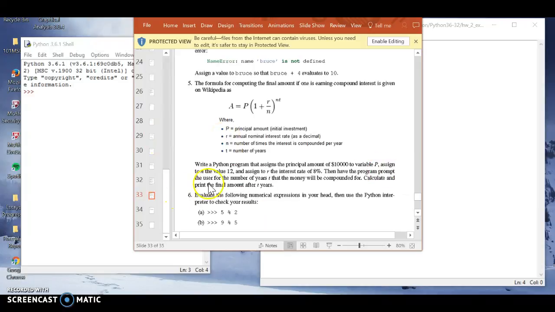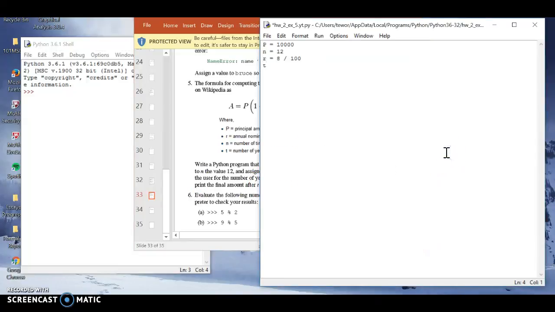And then we're supposed to have the program prompt the user for the number of years t that the money will be compounded for. So now we're going to have to use the input command, since we want the user to interact with the program. We want the user to tell us how many years the interest is going to be compounded for.